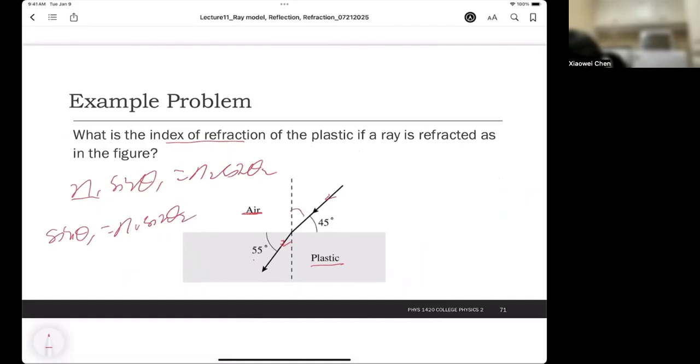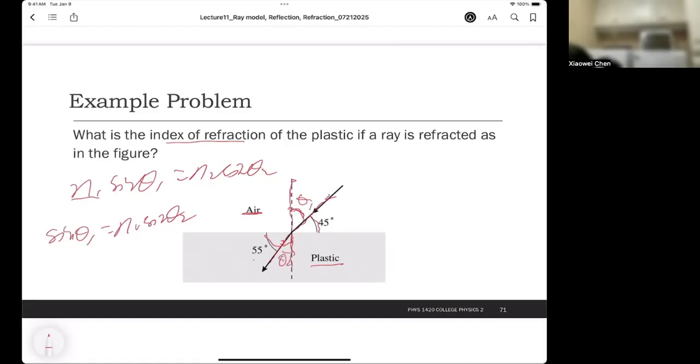Just pay attention: you cannot use this angle. You need to use the angle between the incident line and the norm line, and for the refracted line, the angle between the refracted line and the norm line. So this is your theta 1 and this is your theta 2. Does it make sense to you?